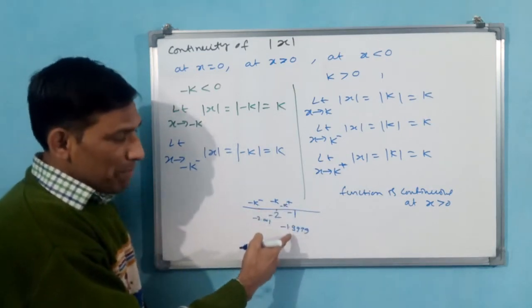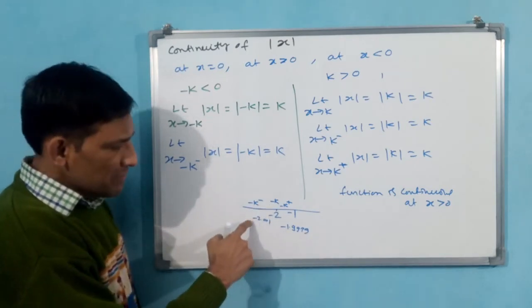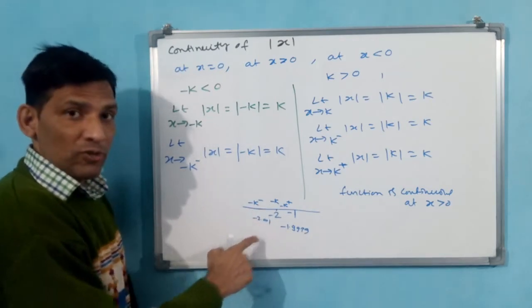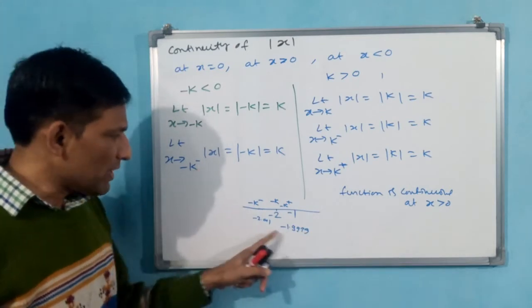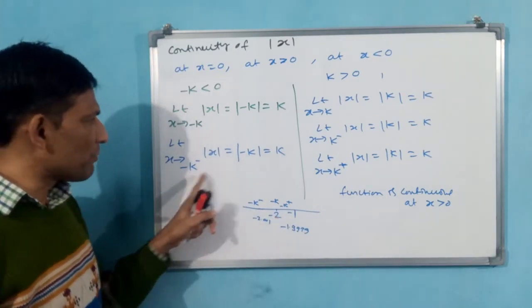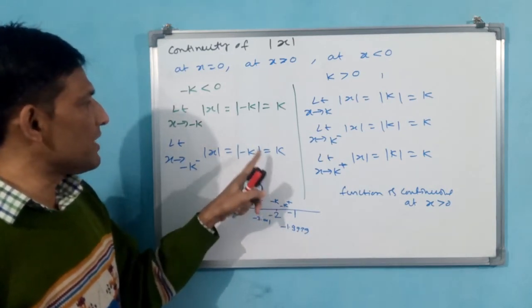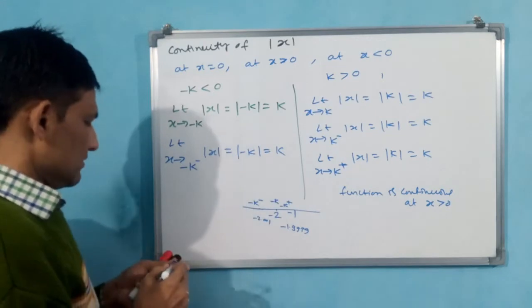Minus k plus means minus only 1.999, minus k minus means minus only 2.000. But both are approximately equal to minus 2 only. That is why while application you are going to apply minus k only. Even if you apply minus k, modulus will make it plus k. Okay.